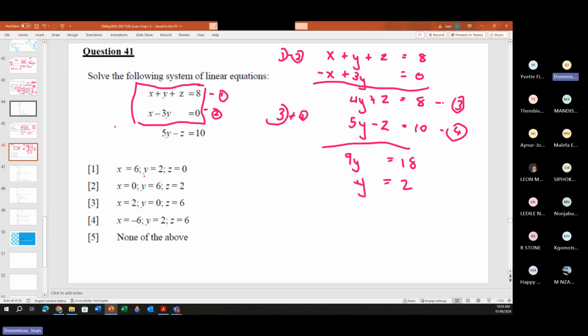And let's quickly see y equal to 2. So there are two options. We could have said, okay, if y is equal to 2, let's use that formula, y equal to 2, and then substitute it in there.